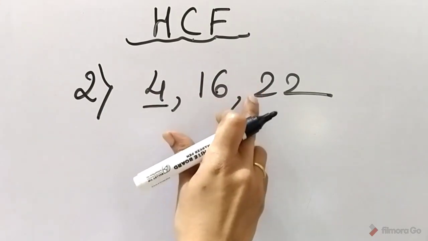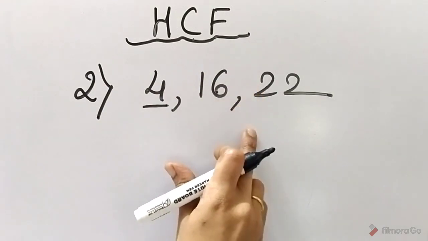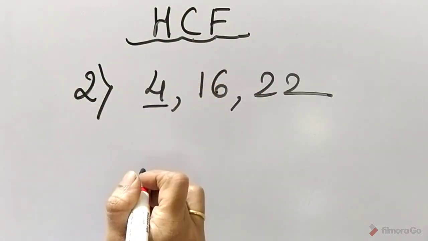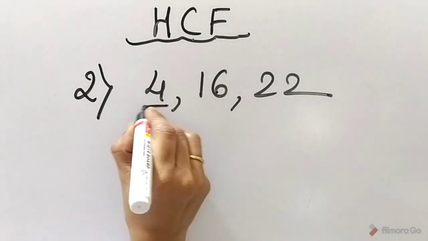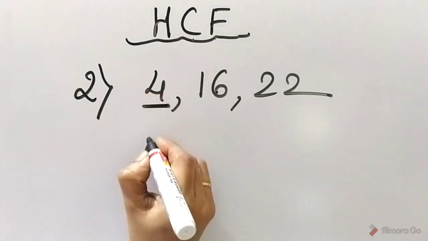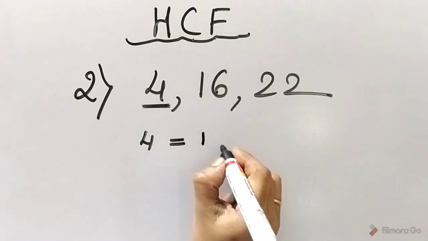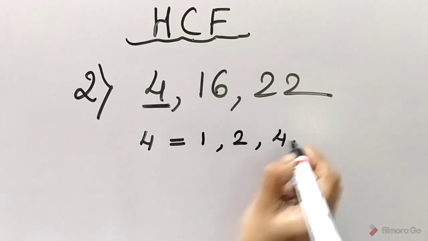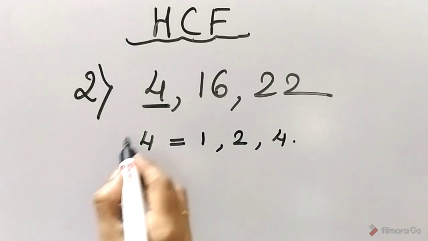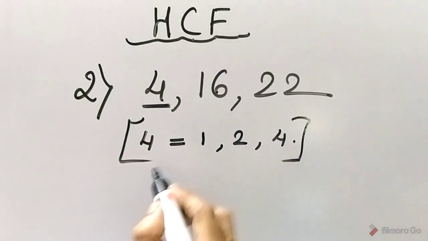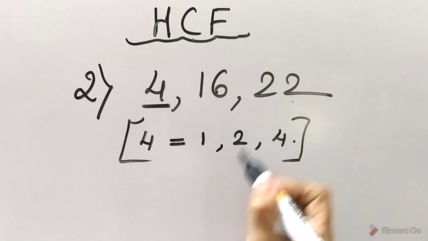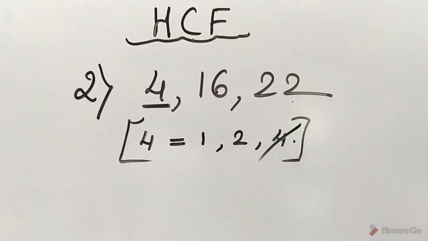So when such type of cases will come, then what you have to do? You have to just find out the factors of the smallest number. Now what will be the factors for the smallest number? 1, 2 and 4. These are the factors for the 4. Okay. Now with 4, 22 is not divisible, so that you cannot take.